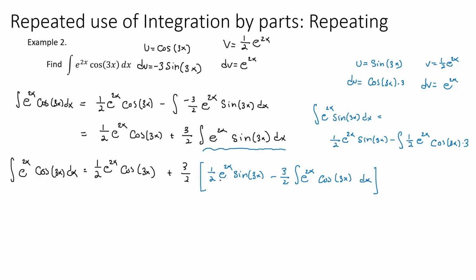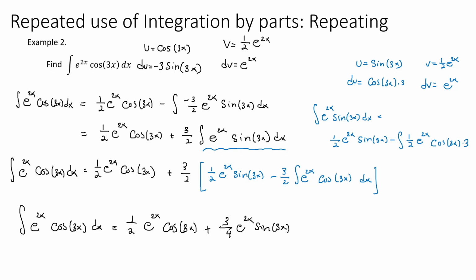Now let's get rid of the bracket by distributing these values in. So we could say that the integral of e to the 2x cosine of 3x dx, which is what we're solving for, is equal to 1/2 of e to the 2x cosine of 3x plus 3 over 4 e to the 2x sine of 3x minus 9 over 4 integral of e to the 2x cosine of 3x dx.